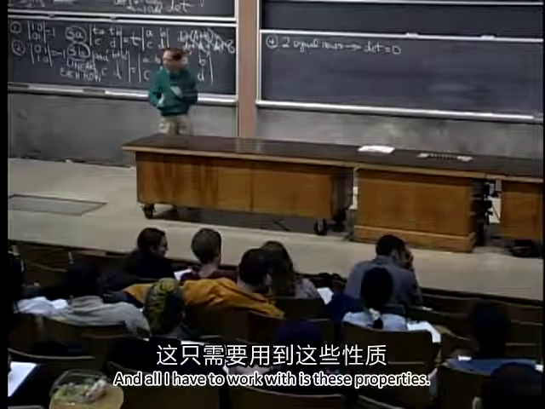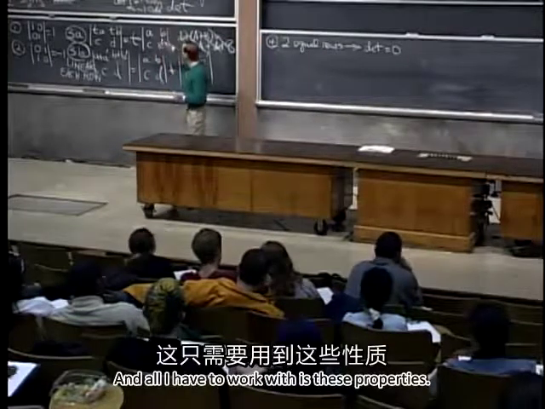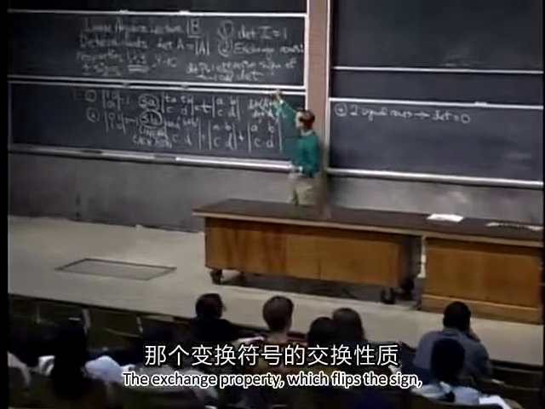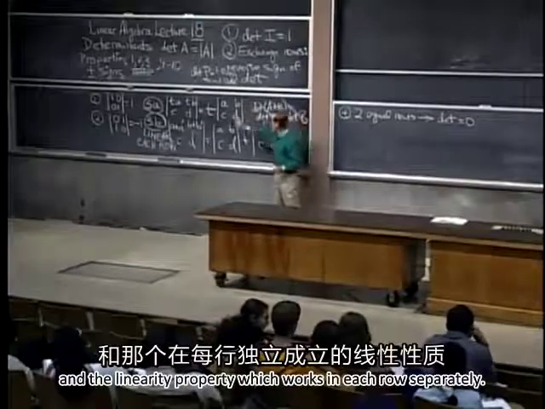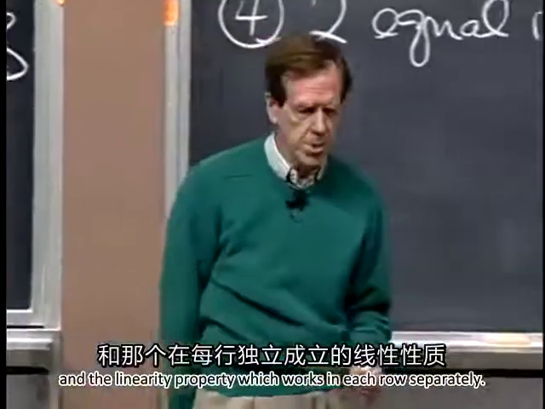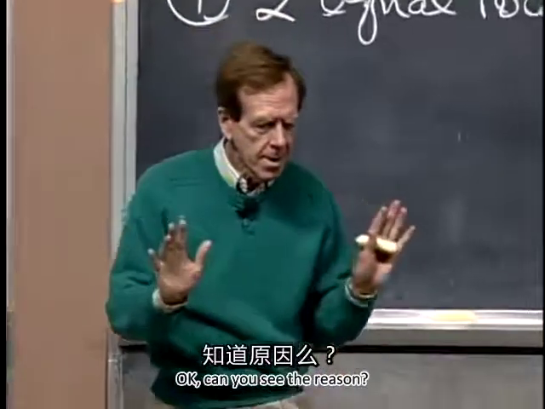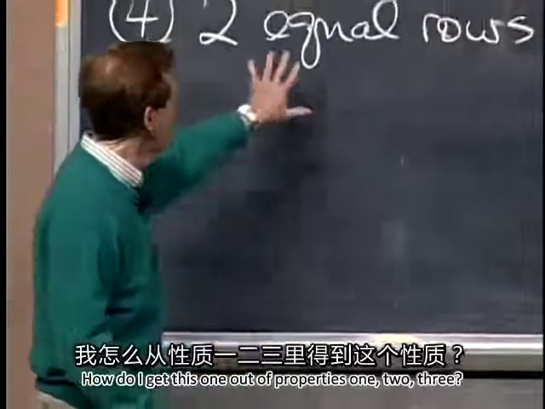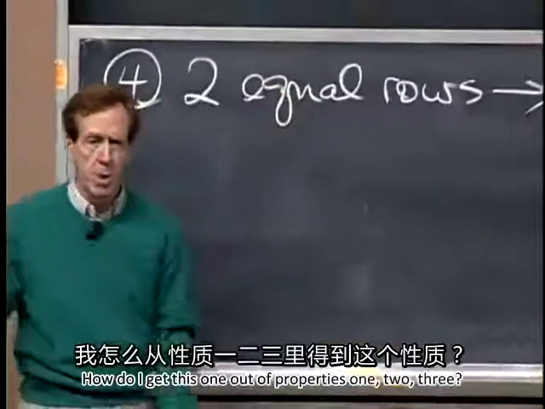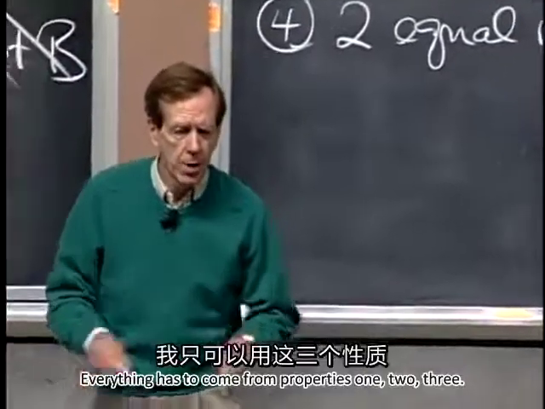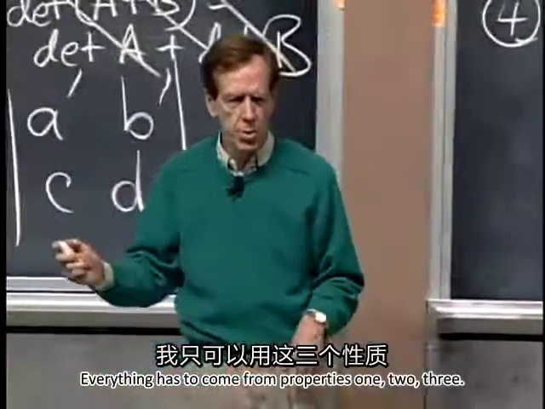And all I have to work with is these properties. The exchange property, which flips the sign, and the linearity property, which works in each row separately. Okay. Can you see the reason? How do I get this one out of properties 1, 2, 3? Because that's all I have to work with. Everything has to come from properties 1, 2, 3.